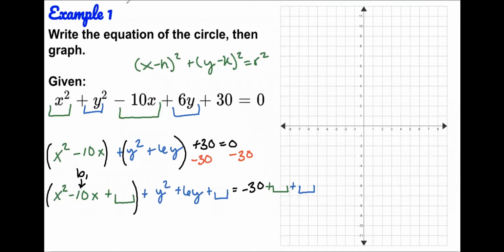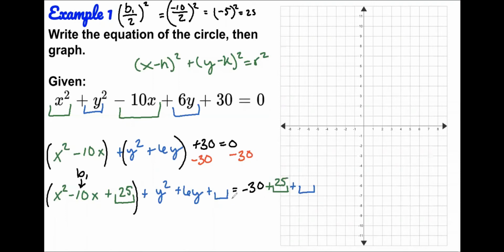So let me do that work. B sub 1 divided by 2, squared. My b sub 1 is negative 10, divided by 2, squared. It's going to be negative 5 squared, which is positive 25, right? So this term here would be positive 25, completing the square for my x values. Positive 25 here, positive 25 here as well.